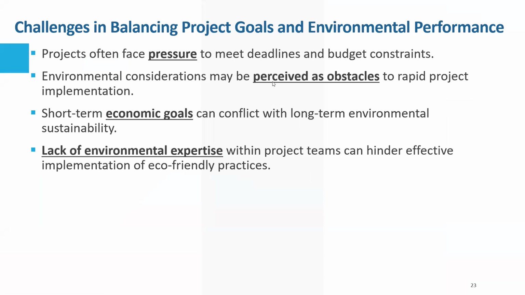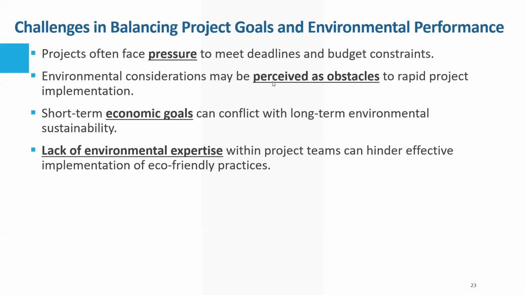So what are the challenges in balancing project goals and environmental performance? There's always pressure on us to meet deadlines. So we are not thinking about other things. We're thinking about money and deadlines, basically. So those are challenges we face. There are also perceived obstacles in environmental performance.